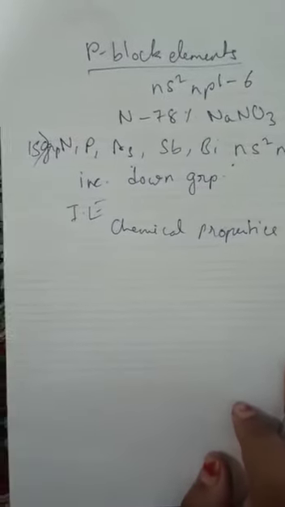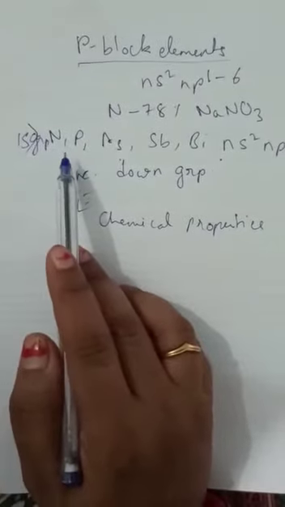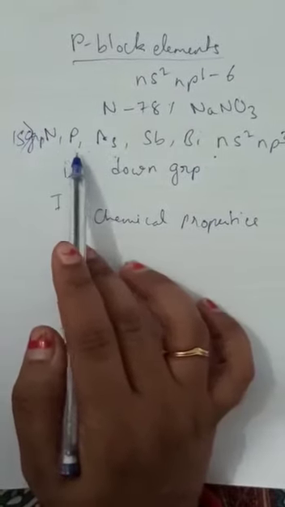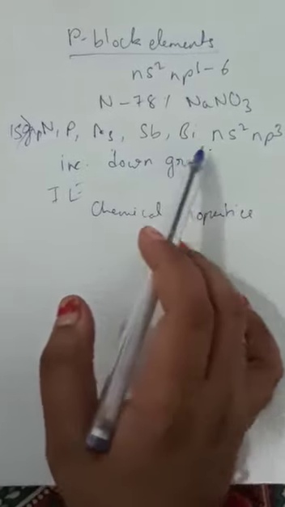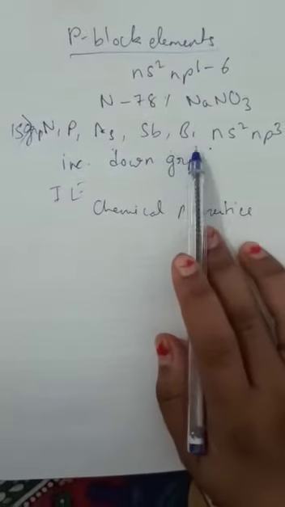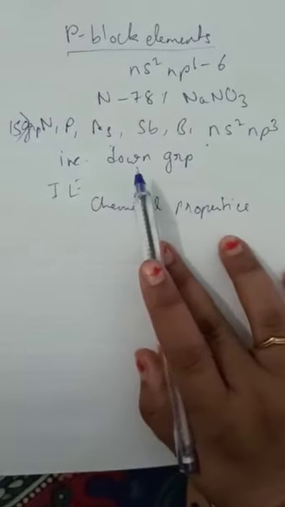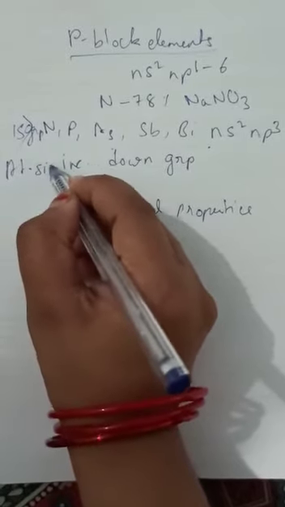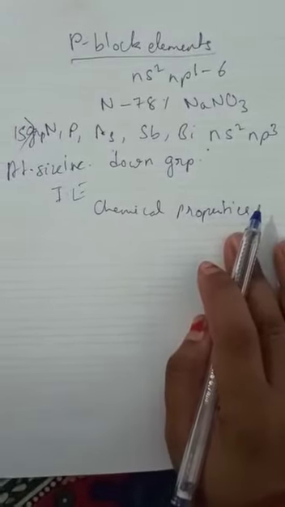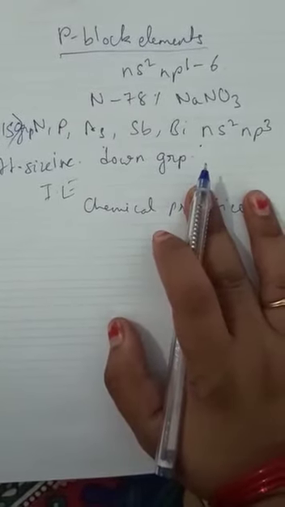Okay, so students, let's study about the 15th group of the p block element, which consists of nitrogen, phosphorus, arsenic, antimony, bismuth. The general electronic configuration for this group is ns2 np3, and their atomic size, or you can say atomic radius, increases down the group due to the increase in the number of shells.